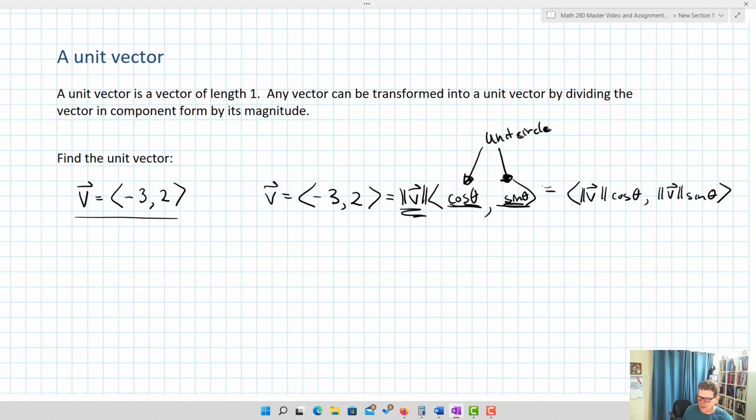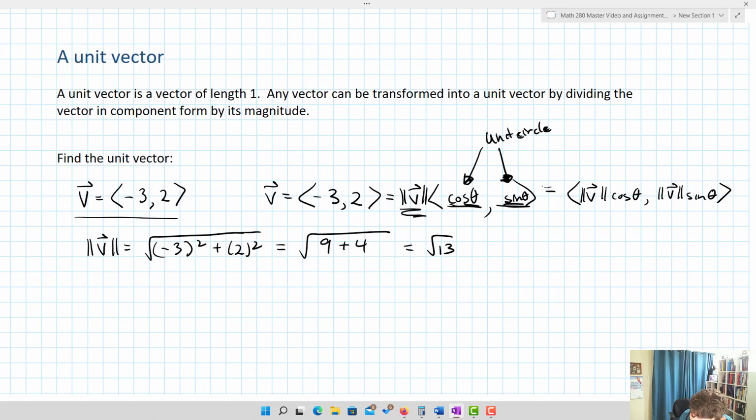That's all. So let's say, for example, I have -3, 2. I'll find the magnitude of v, which is the square root of -3 squared plus 2 squared, which is the square root of 9 plus 4, which equals root 13.